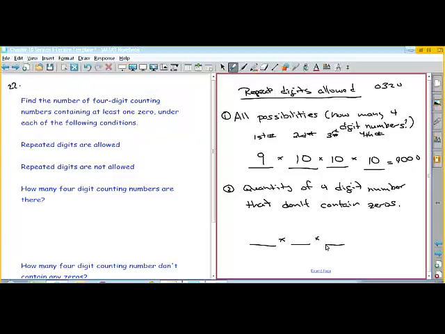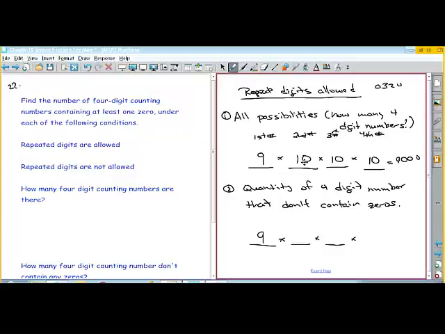So I do the same thing. I'm going to look at each digit and ask the question. We know originally we couldn't let the first number be a 0 anyway, so we're still going to have the same 9 numbers to choose from for the first digit, 1 through 9.